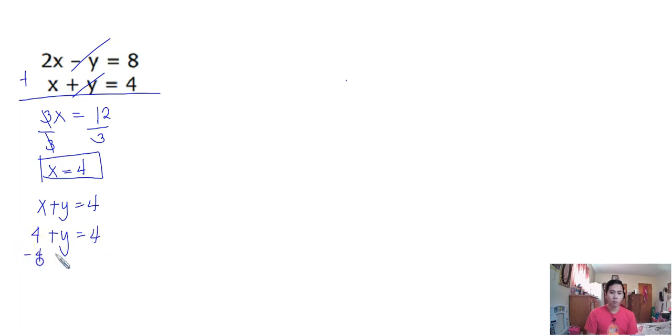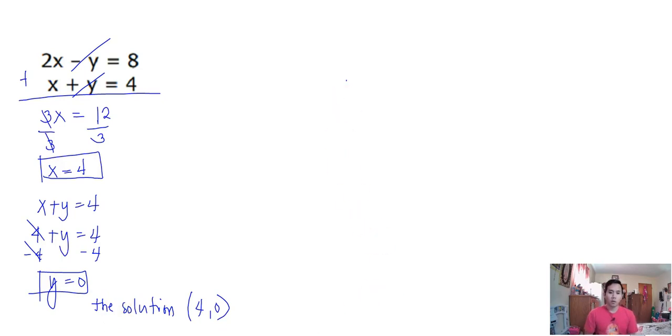I subtract 4 from both sides. This will be cancelled, so y is equal to 0. Therefore, the solution, which is the value of x and y, is 4, 0.